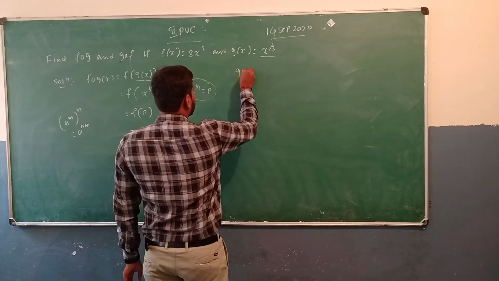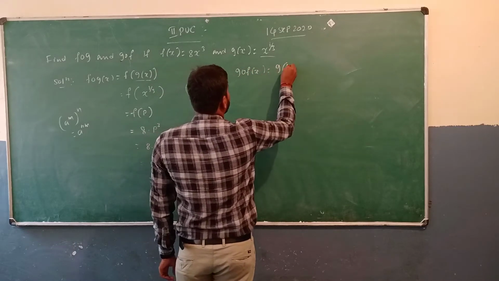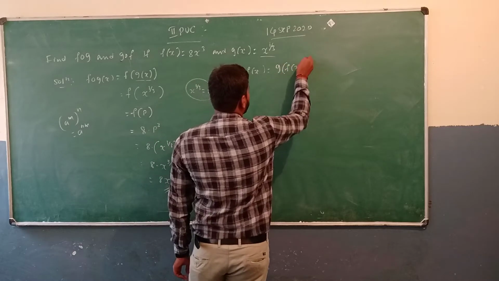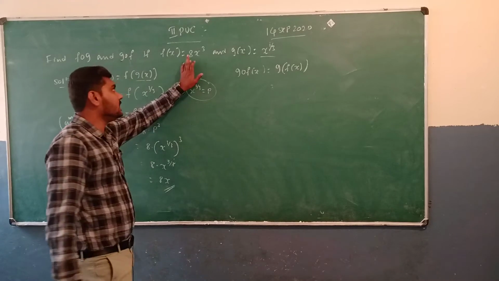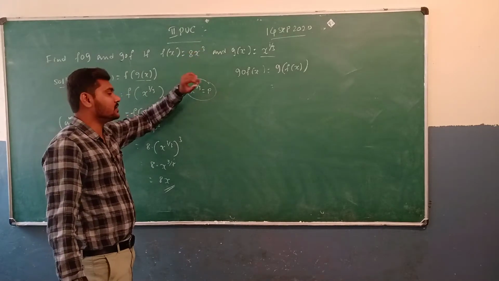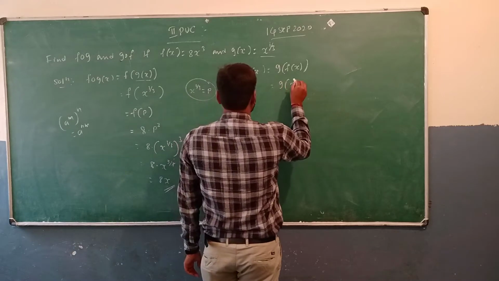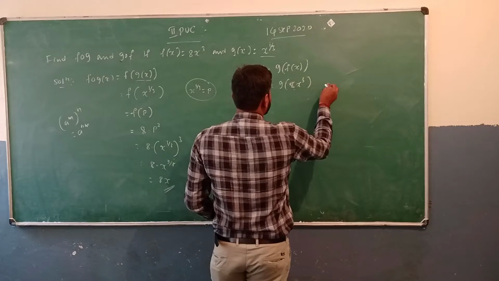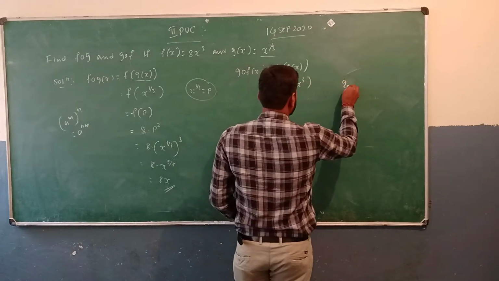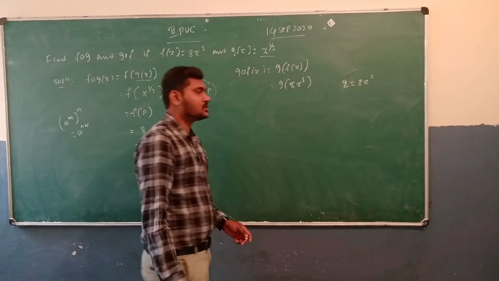Next, we need to find gof. Gof of x is nothing but g of f of x. Here f of x is given as 8 into x to the power 3, so it is g of 8 into x to the power 3. I am going to substitute q as 8 into x to the power 3.